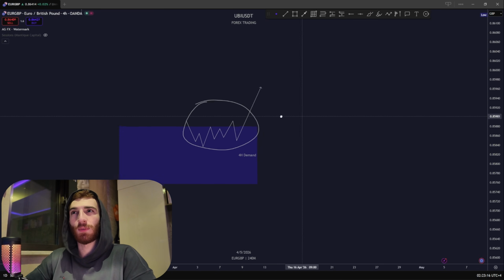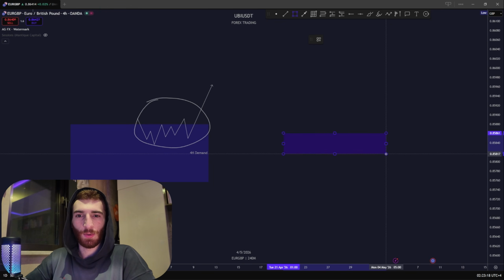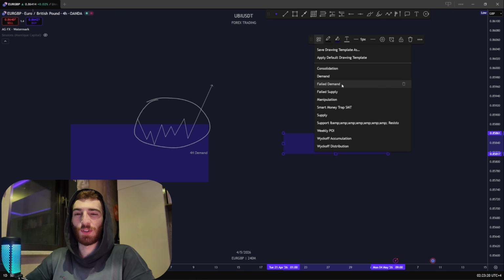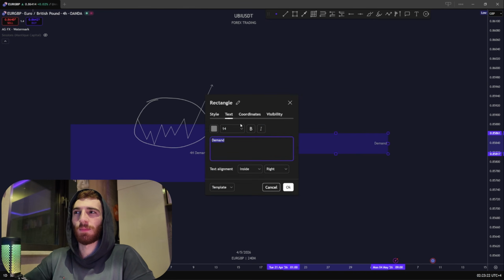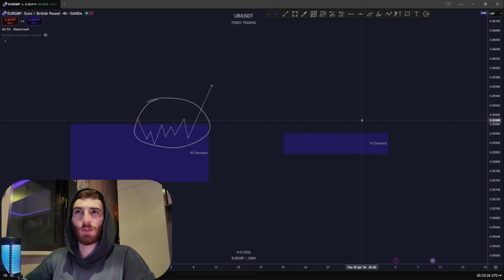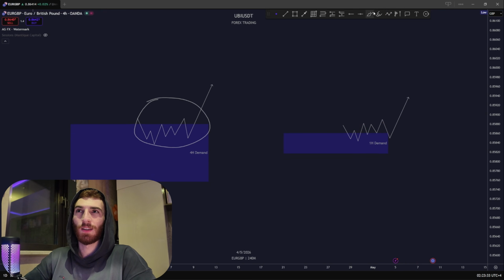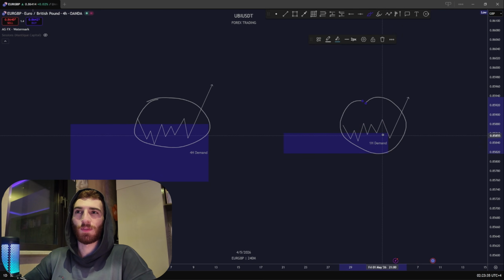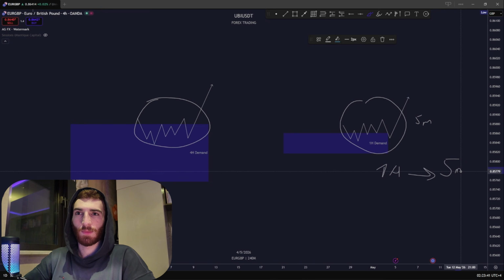For example, if we are using 1 hour, and this is my most used time frame, I love 1 hour so much, right here at the 1 hour demand zone, we will use 5-minute confirmations. So with 1 hour we will use 5-minute confirmation.